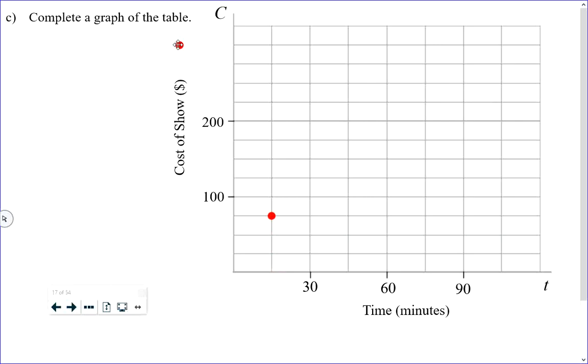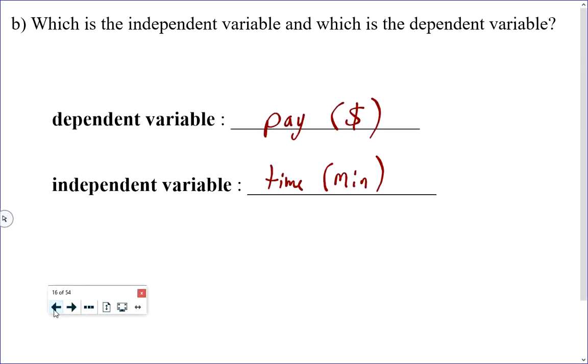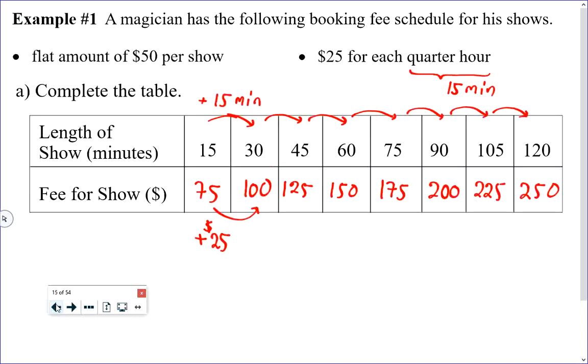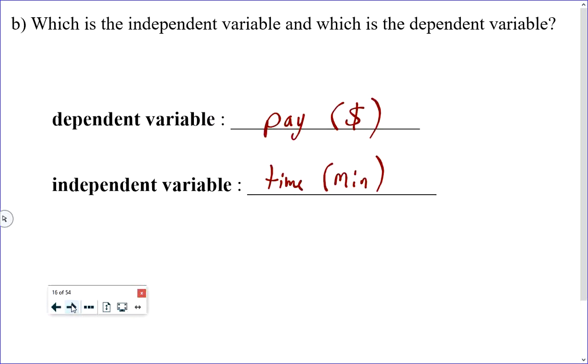Am I right? We'll just look back. Yep. And the nice thing is, once you've established it's a constant rate, you don't have to keep looking back at your data.